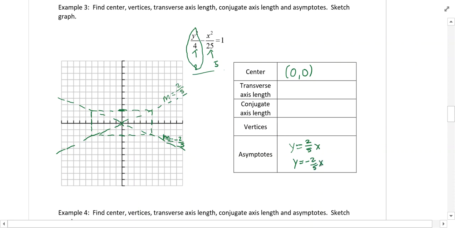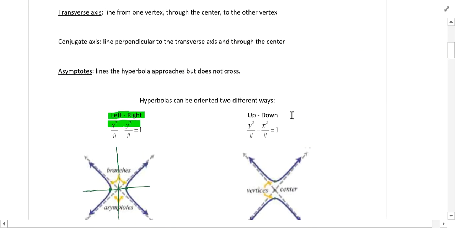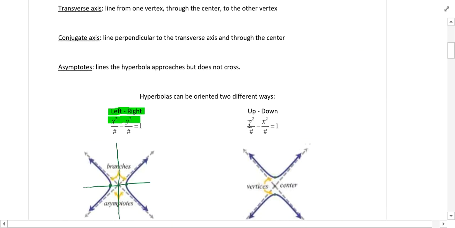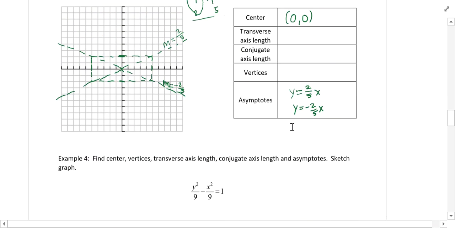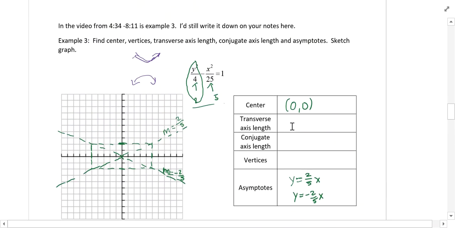Now, tricky part here. Notice again, it was y squared minus x squared. So this is actually going to be, drumroll, an up-down hyperbola. I know, I was surprised too. So on that up-down, as you can go back to the beginning, when we have an up-down hyperbola, we have y squared minus x squared, which is what I have.